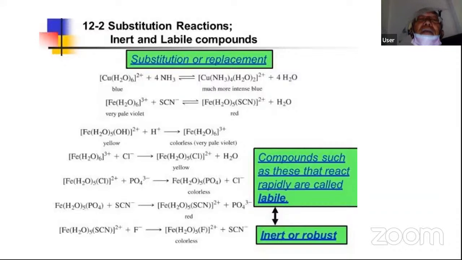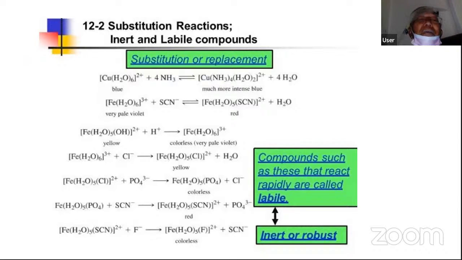Of course, labile means very movable, very active. One of your friends always goes to other friends' houses. He's very labile. And one of your friends doesn't like to go out, stays in the room, in the house. So he's not labile, okay? So in substitution reactions, the terms labile and inert are very useful.